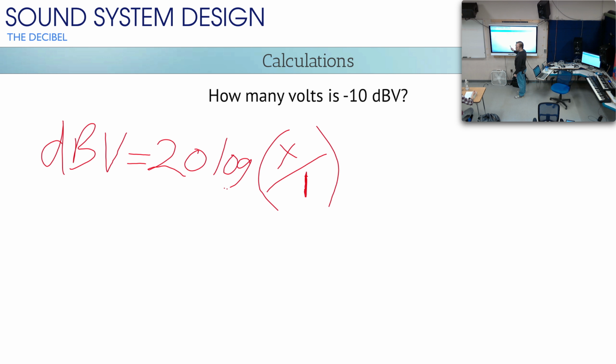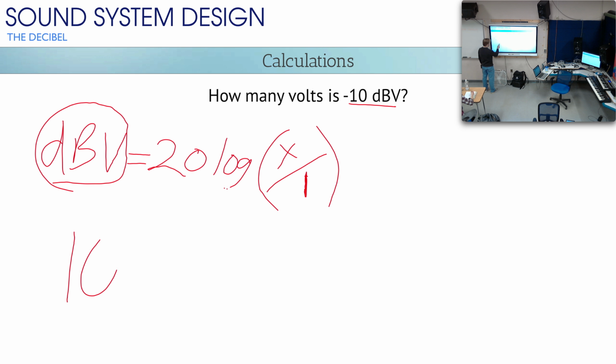Okay? So in this case, I already know the dB, right? So if I solve for that, I'm going to do voltage ratio now, or force ratio. In reality, if I want to get the actual voltage, it would be 10 to the power of minus 10 divided by 20 times the reference level.